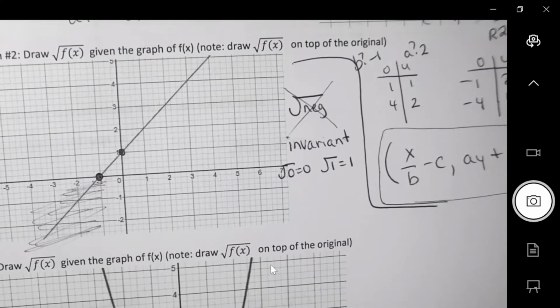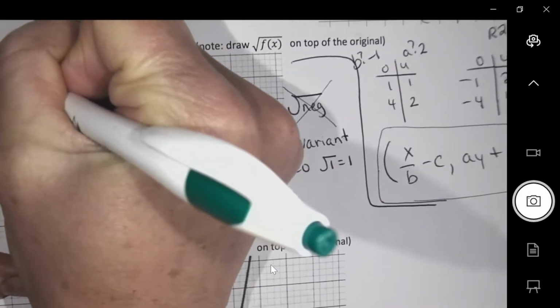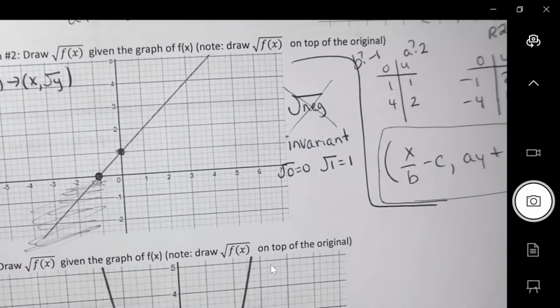Basically, I guess I should say this. In a transformation, I'm taking every point x, y, and this is what I'm doing in a transformation sense. I'm doing x, y is changing to x, comma, root y.